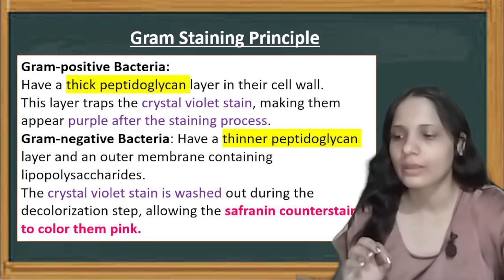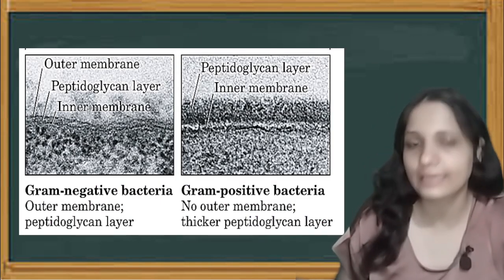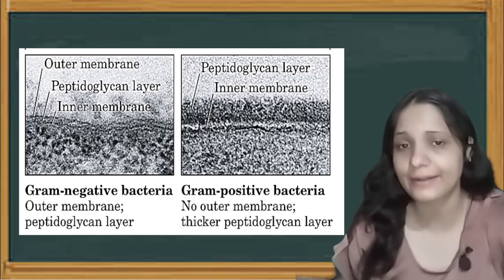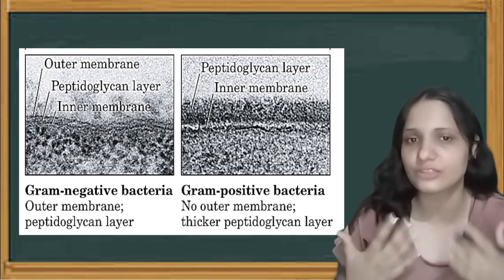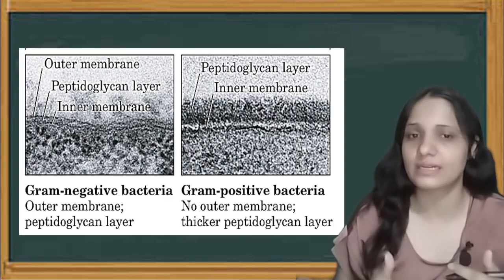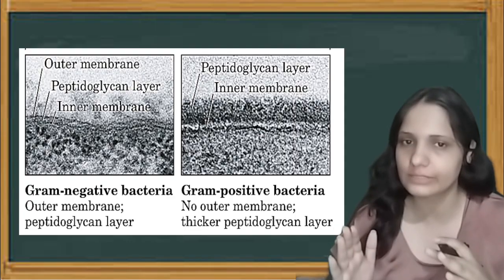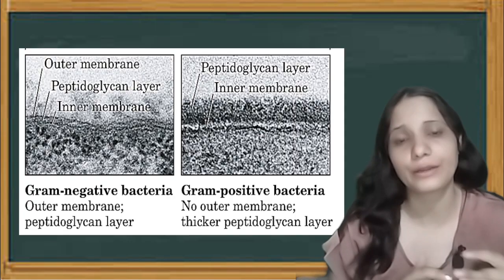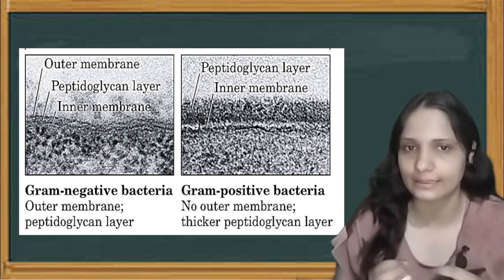Here we have a diagram to make you understand the difference. Whenever we study the principle of gram staining, it is very essential, very compulsory, that we know the difference between gram positive and gram negative bacteria. Only then will we be able to understand the principle behind the staining technique.